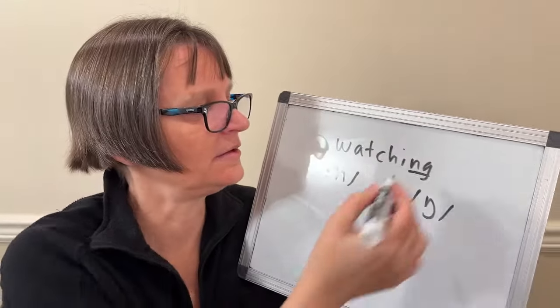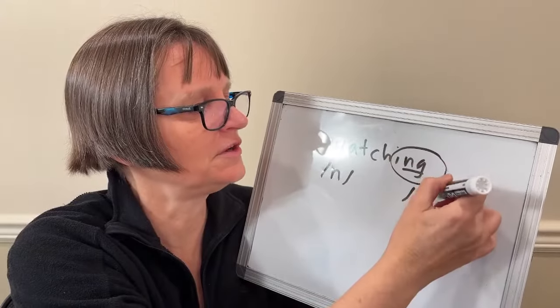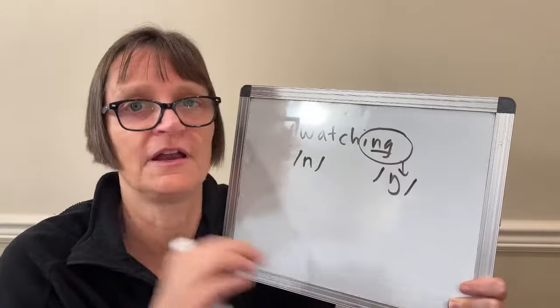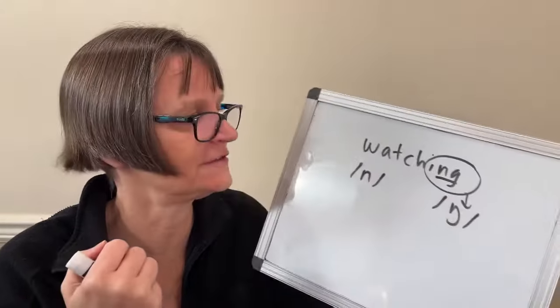And basically, as I mentioned before, when you see the letters NG, typically you're not going to have an N and a G, but rather an ng sound with the back of the tongue lifting, watching.